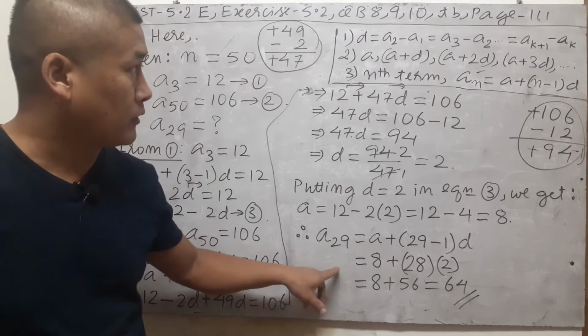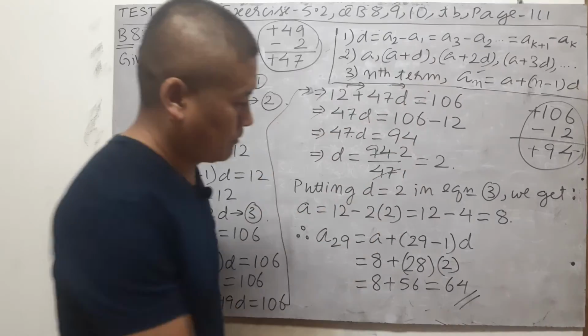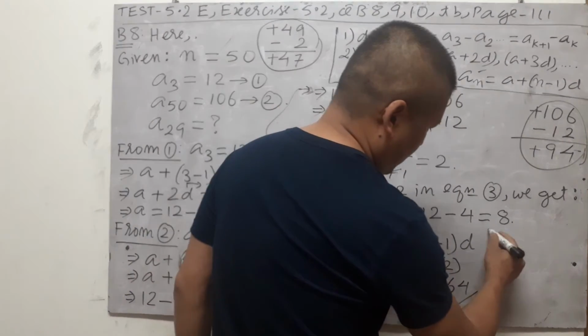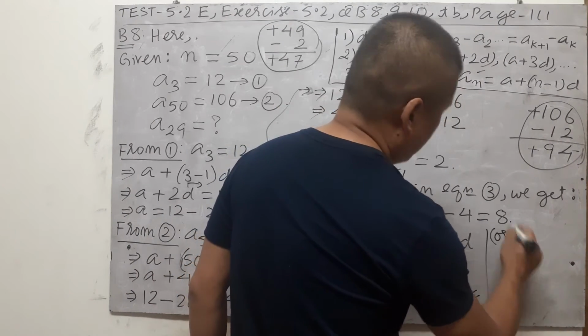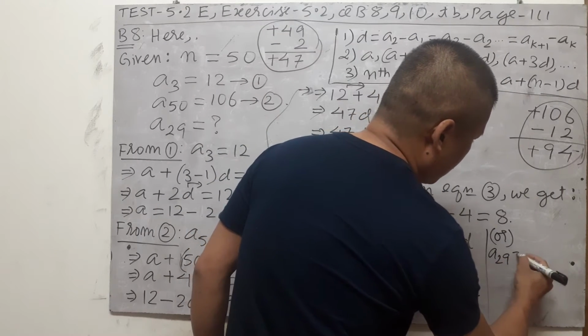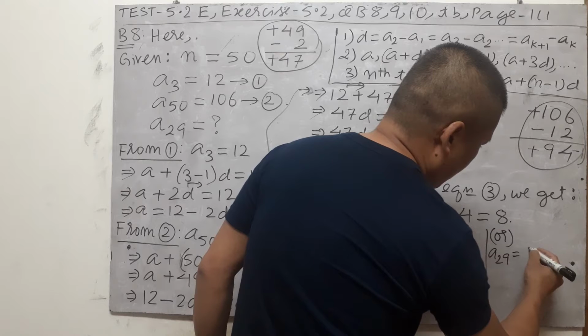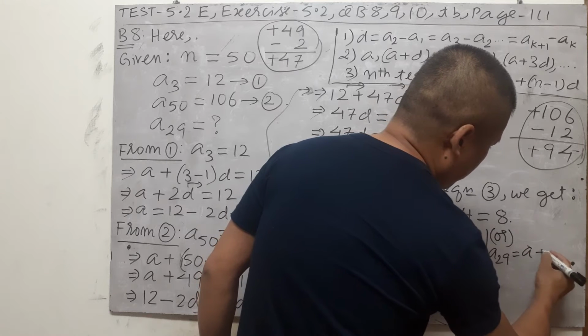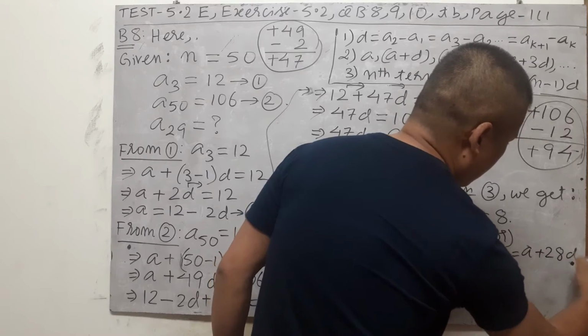So like that. Or you can also use this formula here. This is enough, but if you are to use this formula, then the a29 formula will be a plus, 29 means 1 lower, 28d.